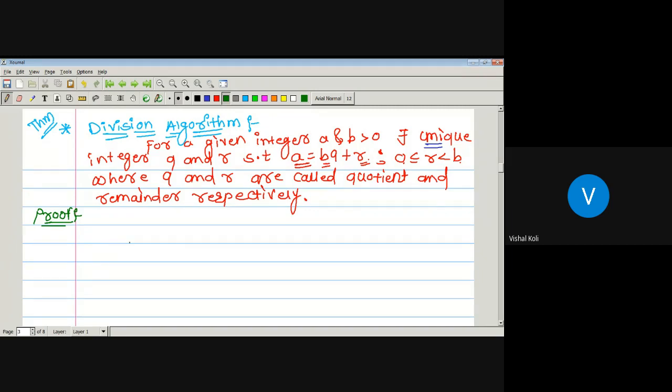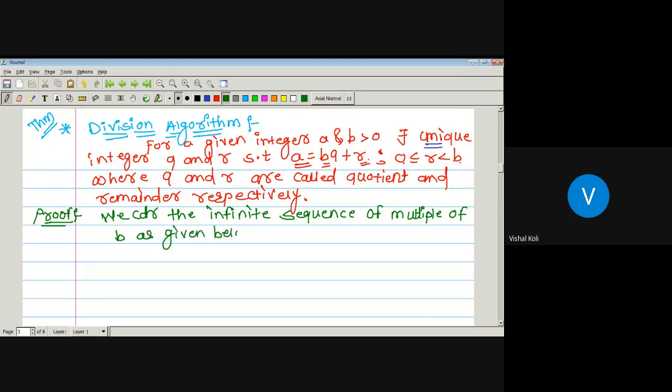We consider the infinite sequence of multiples of B as given below. So we just have to take the multiples of B, that is, somewhere 0, B, 2B, 3B, and so on.